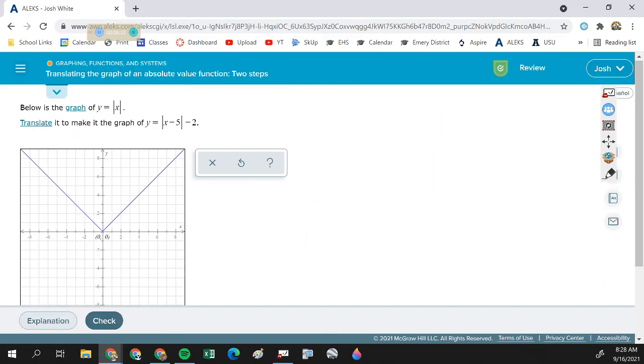All right. I start with absolute value of x, and I need to turn this graph into the absolute value of x minus 5 minus 2. So what effect does the minus 5 have? So we would move it. I don't know if it'll let me.